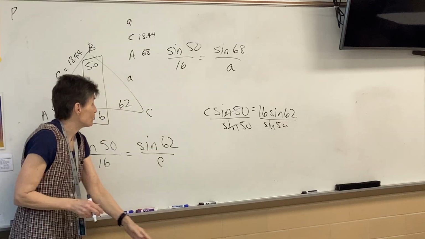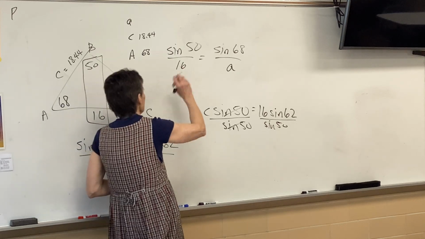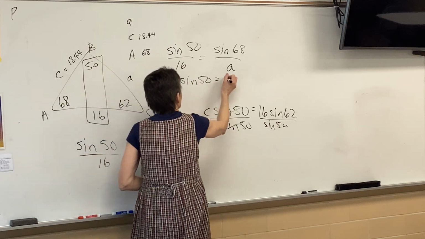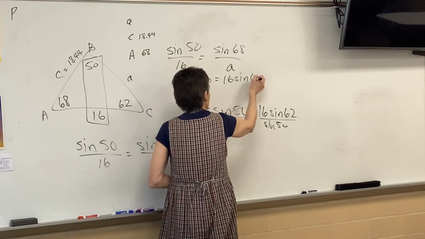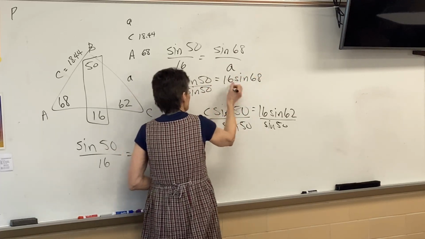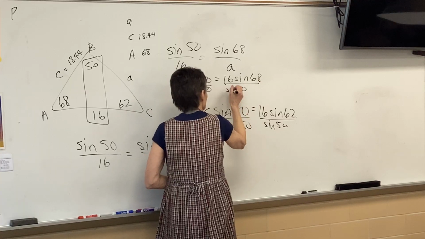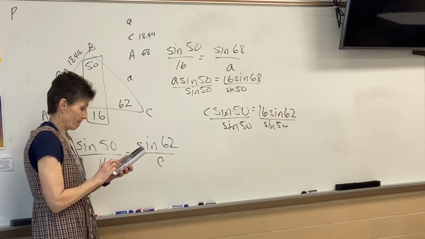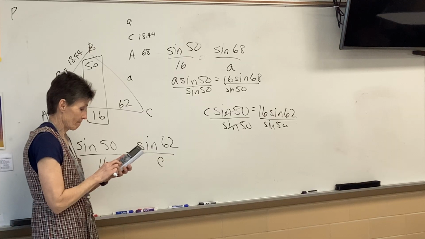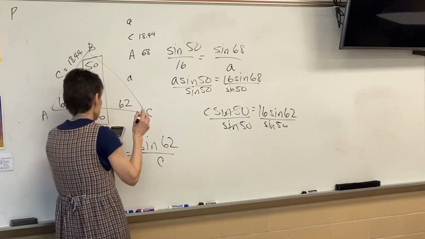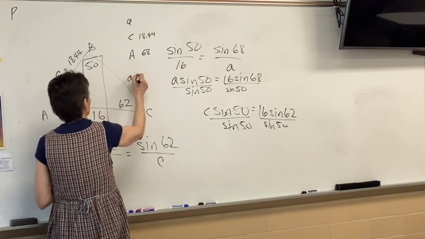All right, and we got to do the same thing here for A. So A sine 50 equals 16 sine 68. We'll divide by sine 50 again. I got 19.37.